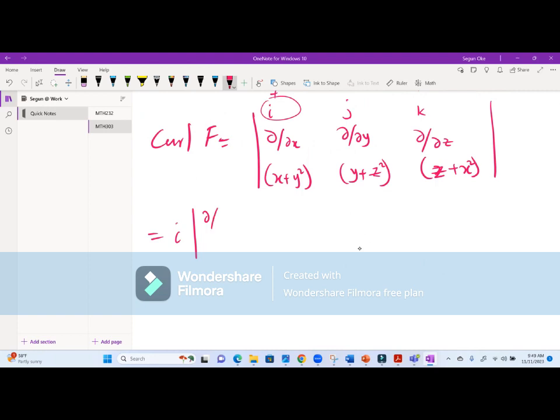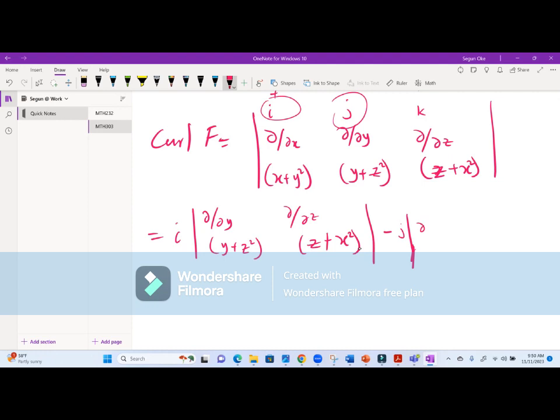d/dy of y plus z squared. Then k will be d/dz of z plus x squared minus j. If you pick the one of j, what will happen?